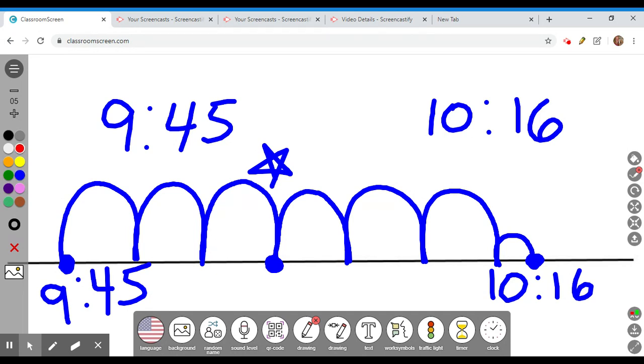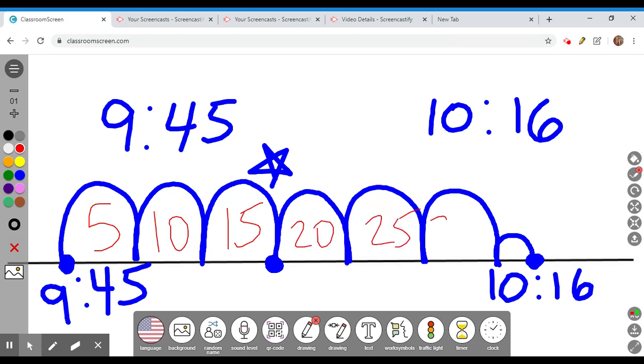And now I'll go back and count up those minutes, and we've got 5, 10, 15, 20, 25, 30, and 31. So the answer for this one, how much time passes from 9:45 to 10:16, our answer would be 31 minutes.